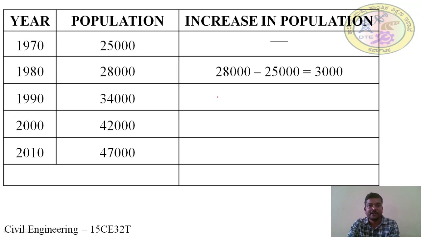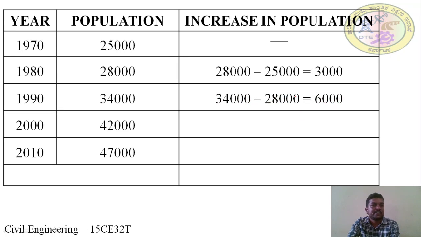Similarly, we need to find the increase in population for the year 1990, that is equal to the population of the year 1990 minus the population of the year 1980, that is 34,000 minus 28,000, equal to 6,000.